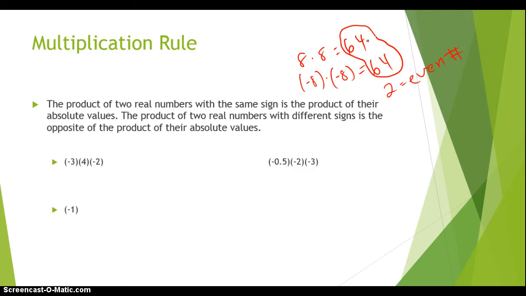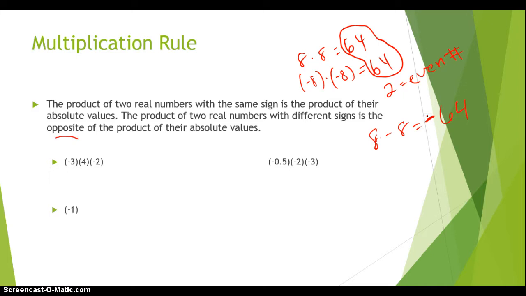The product of two real numbers with different signs is the opposite of the product of their absolute values. So if we did 8 times negative 8, we know the answer is 64, but it's the opposite of their absolute value product, so it is negative 64.